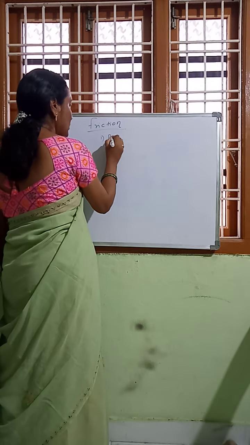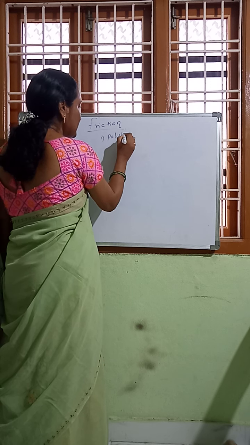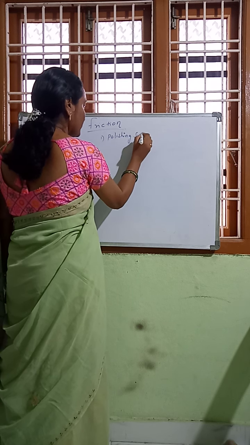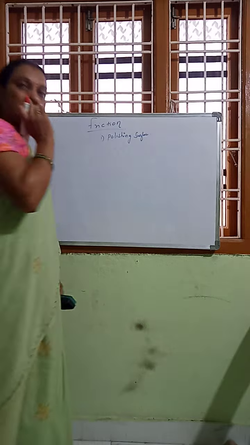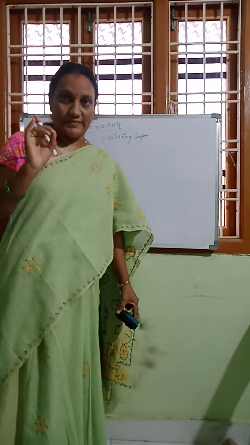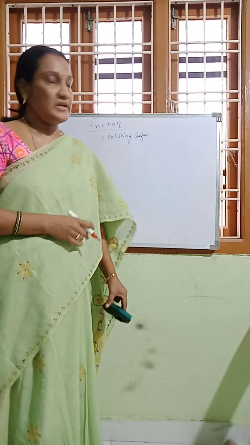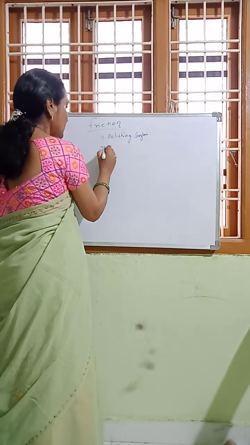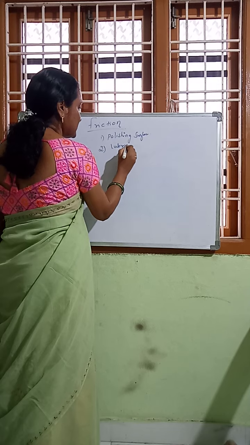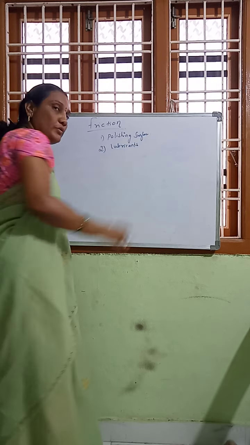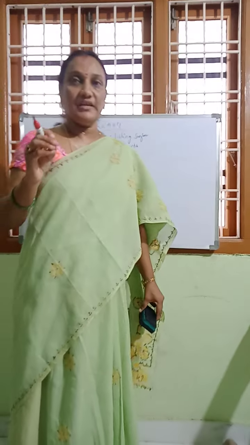First is polishing the surface. By having perfect polishing, we can reduce the friction. The second one is using lubricants. Lubricants are materials which reduce the friction.